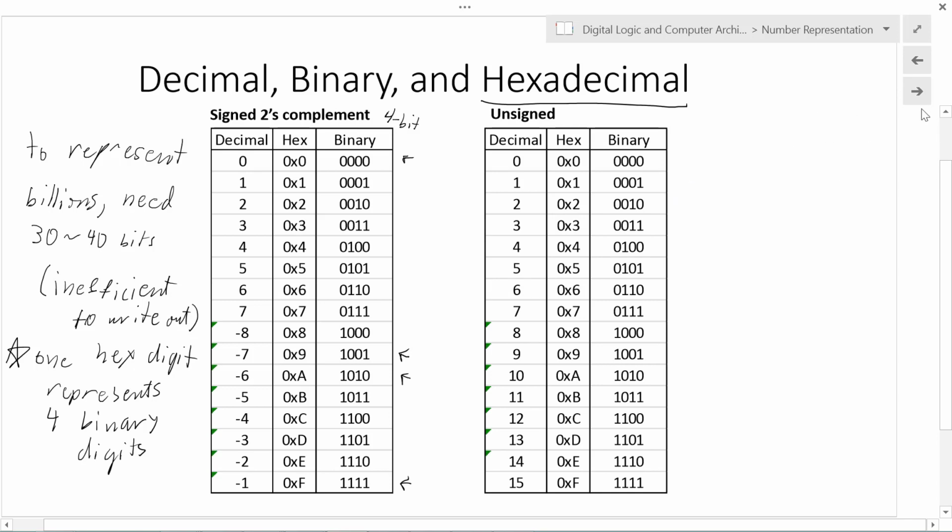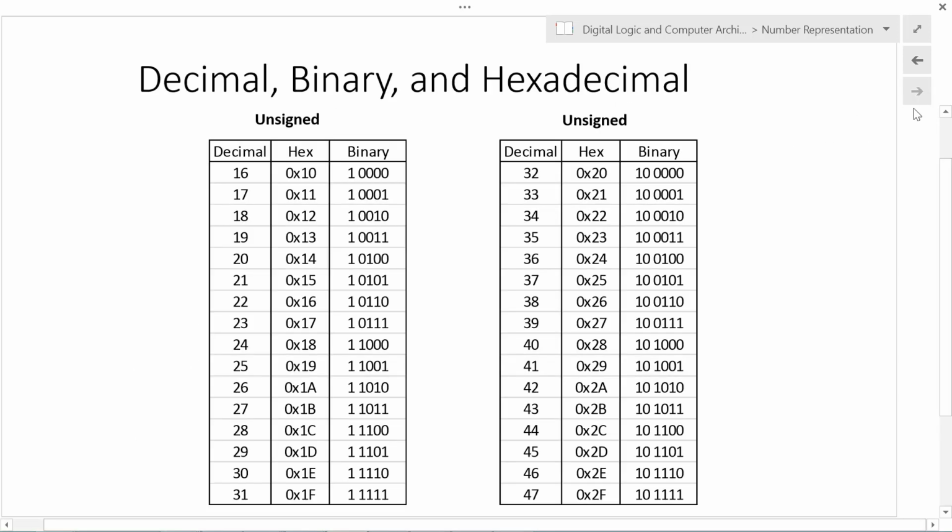Now if we look on the next slide here, we can see that it extends. If we want to go above 15 in integer, or we wish to go above 4 bits, we can go to 5 bits, and we can use multiple hex digits. So from 16 to 31 is represented by 10 to 1F.